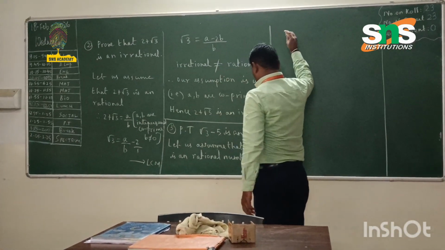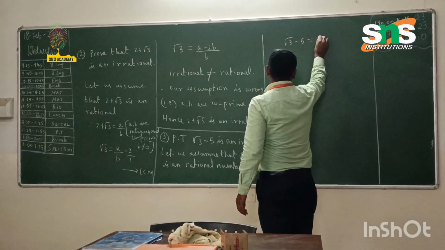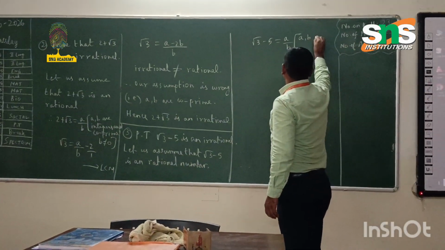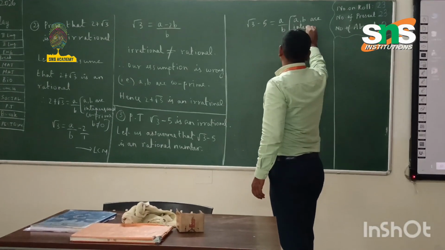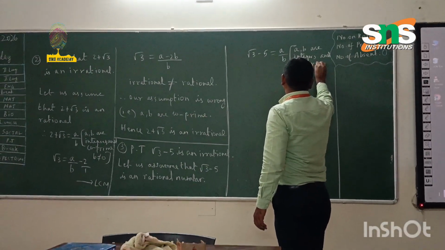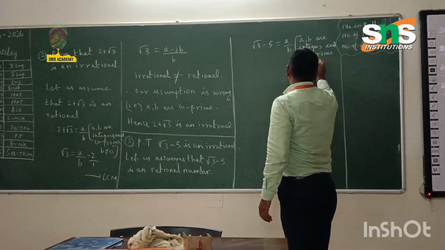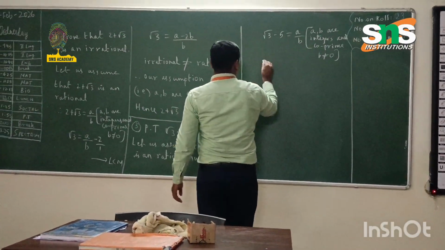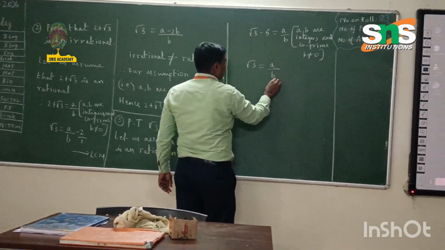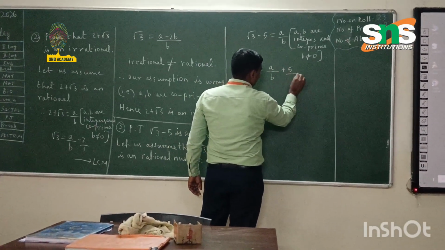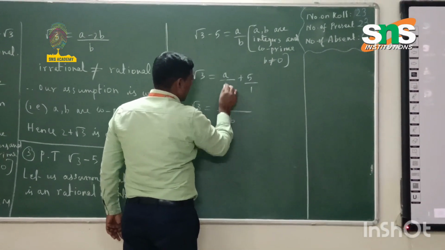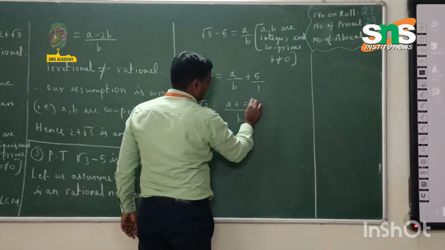Therefore, it will be in the form root 3 minus 5 is equal to a by b, and the same condition you have to write: a, b are integers and co-prime, and b is not equal to 0. Already I told you that only the irrational number stays on the left hand side; the remaining you should take to the right hand side. So a by b minus 5 will become plus 5. Now we should take LCM. Root 3 is equal to b into 1 is b, and then cross multiply: a plus 5b.